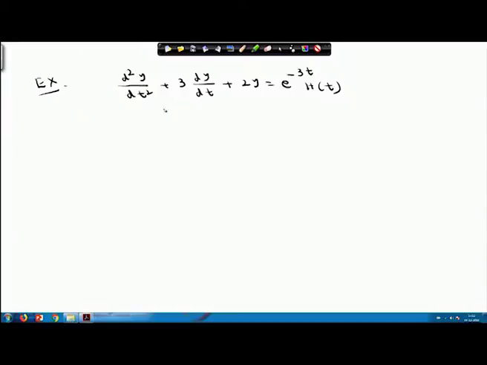So, if I now take the Fourier transform on both sides of the given equation, following the similar process, you will obtain Fourier transform of d2y/dt square plus Fourier transform of dy/dt plus 2 into Fourier transform of y.